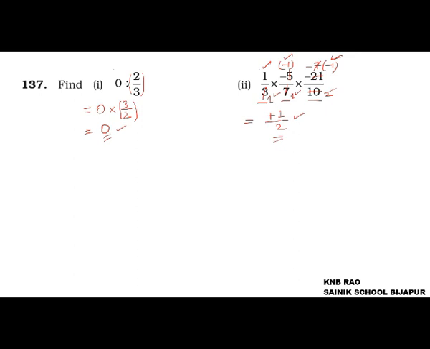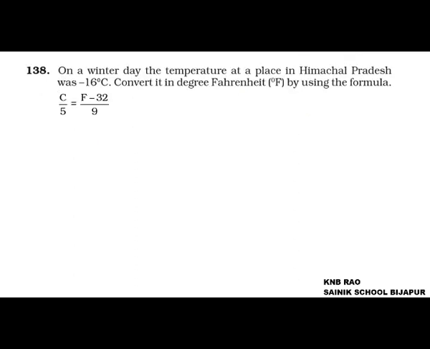Now next question, 138th question. See here in this 138th question, on a winter day, the temperature at one place in Himachal Pradesh was minus 16 degree Celsius, and we are asked to convert this degree Celsius into Fahrenheit by using the formula.